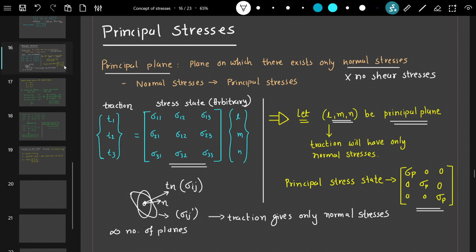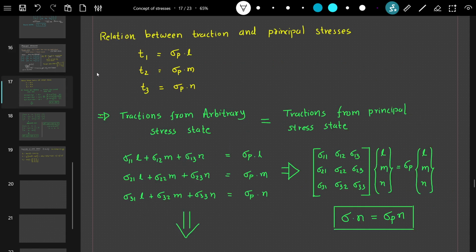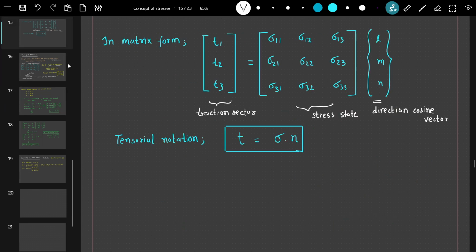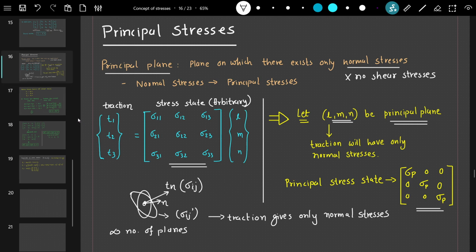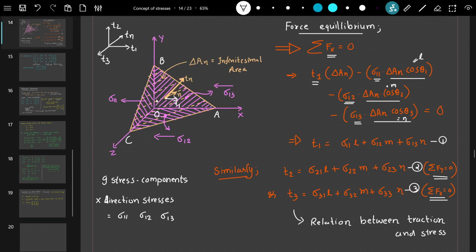Once we say this is a principal stress state, we can use our relation between traction and arbitrary stresses to get the relation between traction and principal stresses. This is from the previous section, in matrix form and in the form of equations.